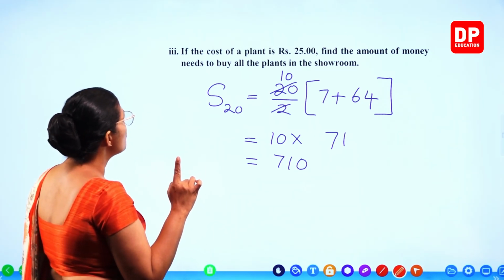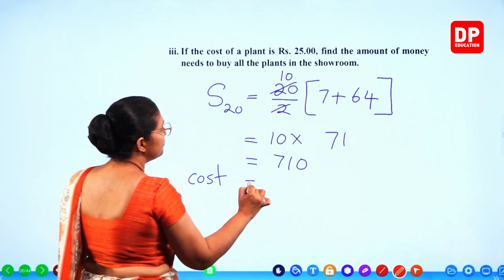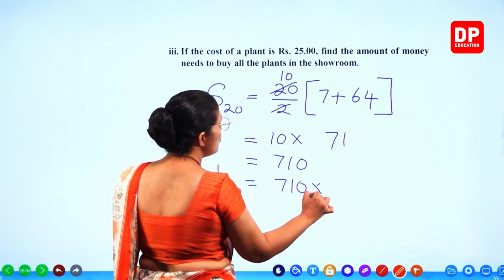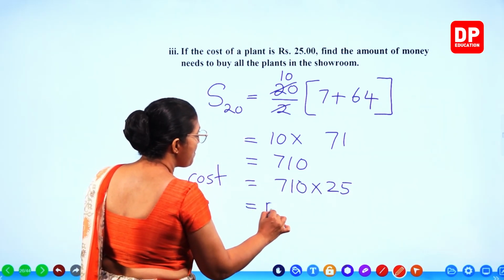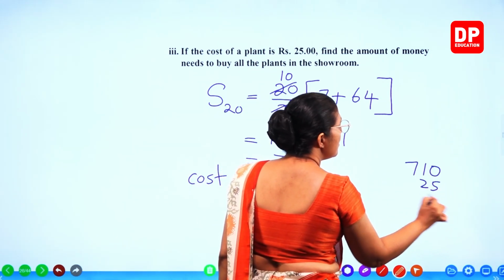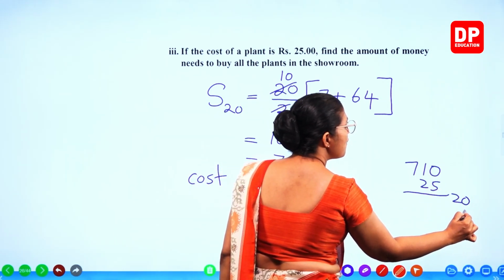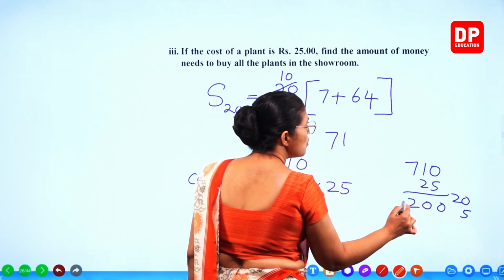Each one is 25 rupees. So what is the cost? 710 into 25. 710 into 25 can multiply as 20 and 5. 2 times 0, 2 times 1, 2 times 7.